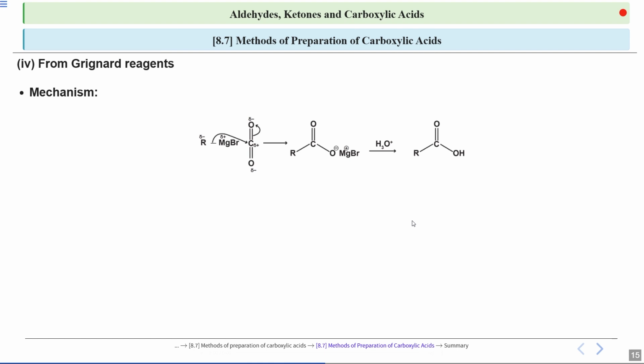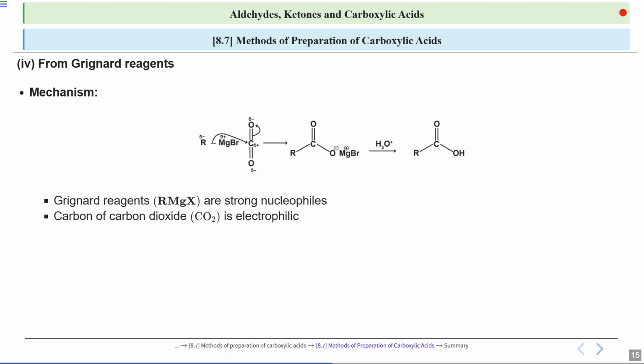Now over here we will see the mechanism, how this reaction is happening. First step, Grignard reagents are represented as RMgX. These Grignard reagents are strong nucleophiles, so they have a high tendency to donate electrons to other atoms or molecules. Next, the carbon in carbon dioxide, CO2, is electrophilic.